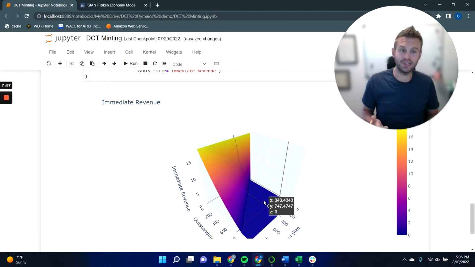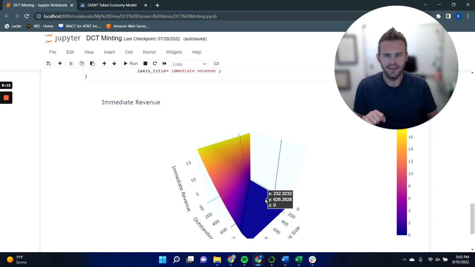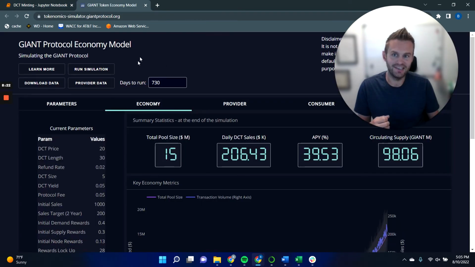This is potentially really important because it means the provider is insured against any kind of catastrophic outages. It also means consumers can trust providers who maybe they wouldn't otherwise, because we have this community backing in the pool. This is the kind of analysis that we do to build up our tokenomics, and it's very similar to the underlying code that's actually behind our simulator.